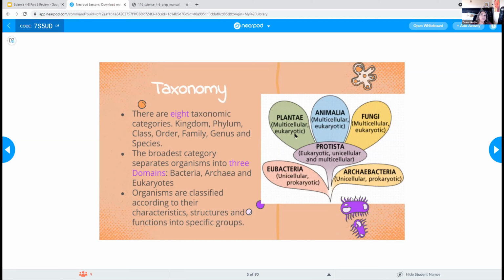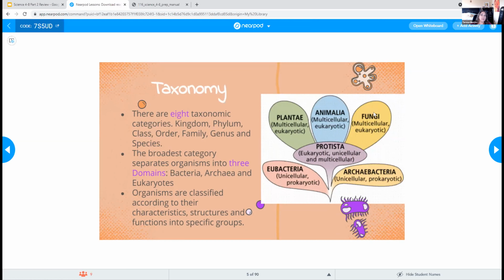They're multicellular, they're eukaryotic, right? They've got those more complex cells. Animalia, multicellular, also eukaryotic. Your fungi, we think of mushrooms and yeast. They're multicellular and eukaryotic, but they don't do photosynthesis, right? That's how those are different.